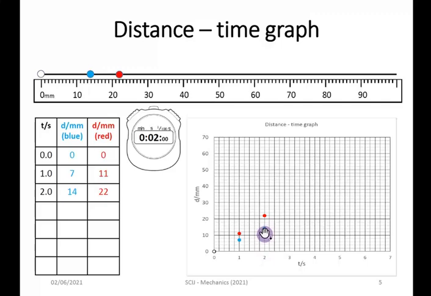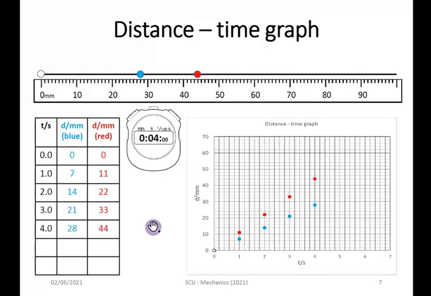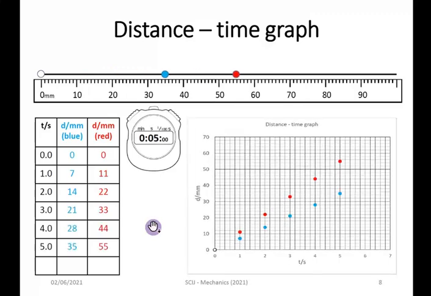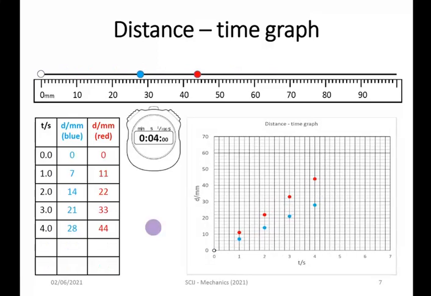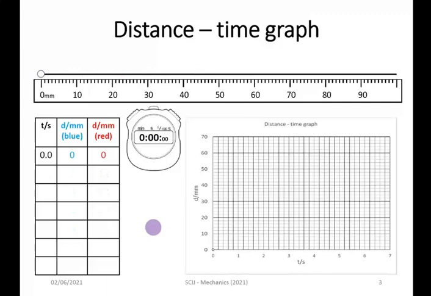So we have the blue particle at 14 millimeters from the origin, and the red particle at 22 millimeters from the origin. And this continues. So we move on to the next one, and the next one, the particles keep on moving until they get to the last point. So let's go through the motion again.